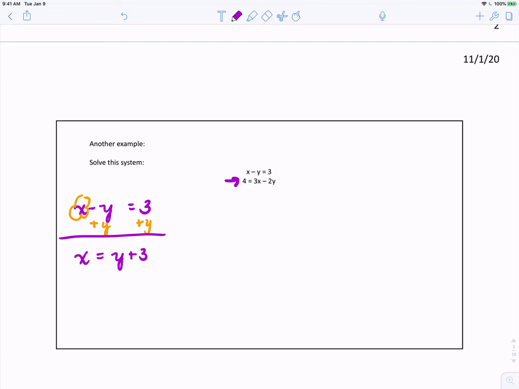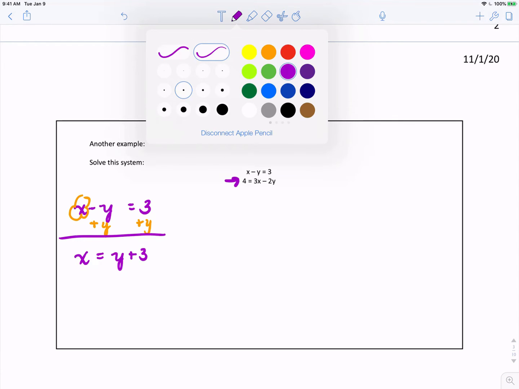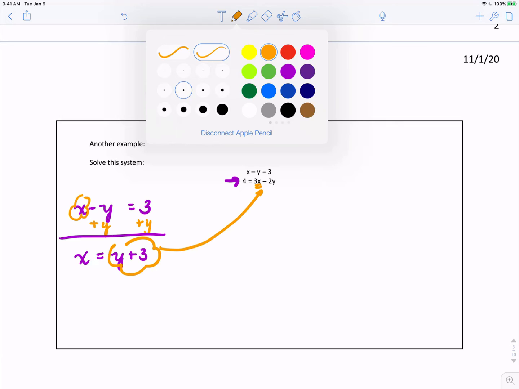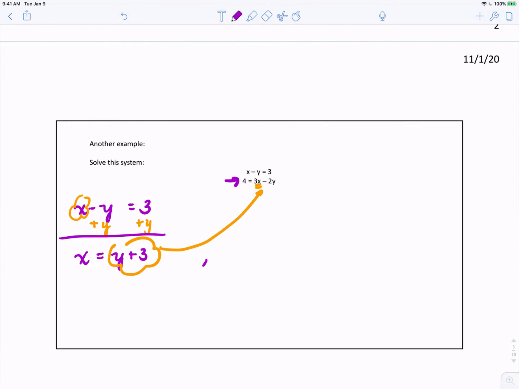Now this is the other equation, and I'm going to take this value and replace x with it. That tells us that 4 is equal to 3 times (y plus 3) minus 2y.